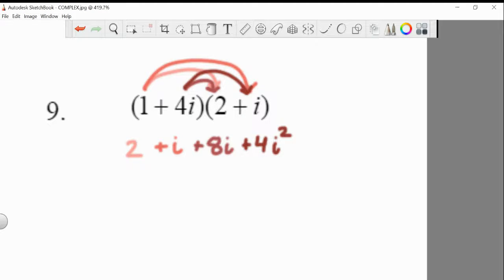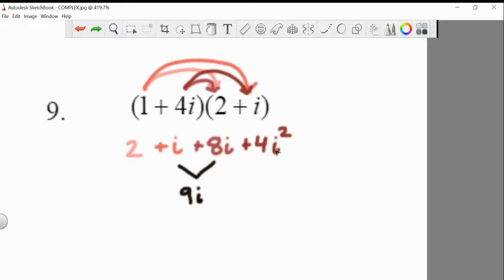Now, these questions are very, very repetitive when it comes to these foiling questions. These middle two numbers that are both regular old i's can be combined together. i plus 8i is going to be 9i. And you're pretty much always going to have an i squared that you're going to need to swap out as well.